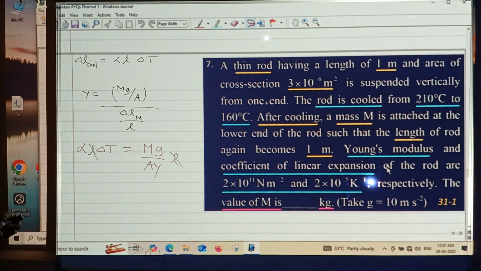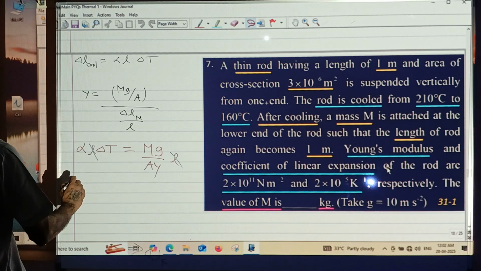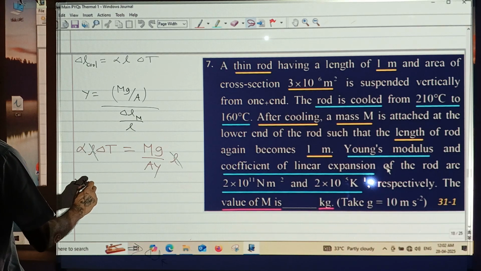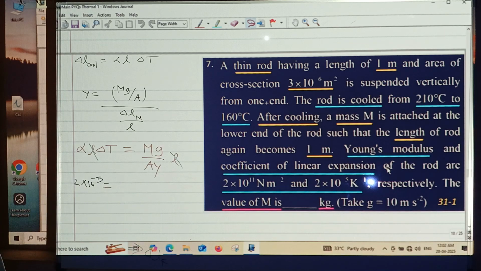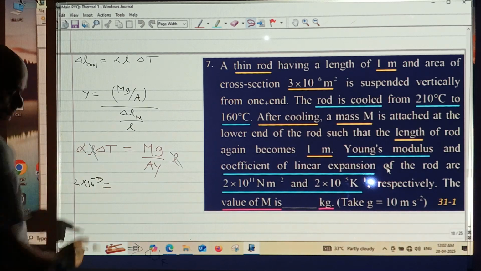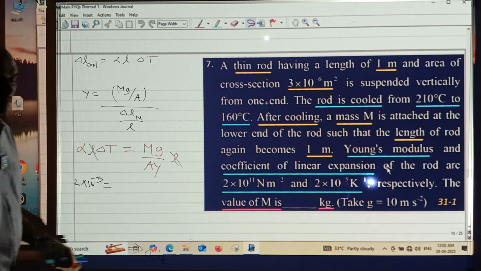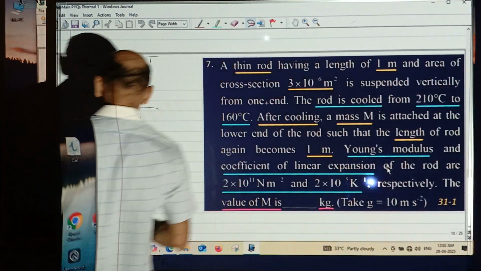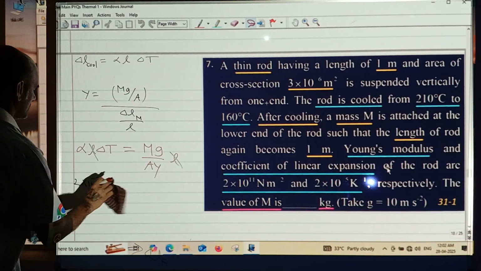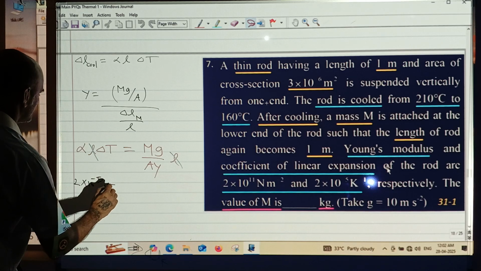Alpha value is given, 2 into 10 to the minus 5. The change in temperature, which is 160 minus 210, which is minus 50. We're just taking the magnitude. Change in temperature is 50.